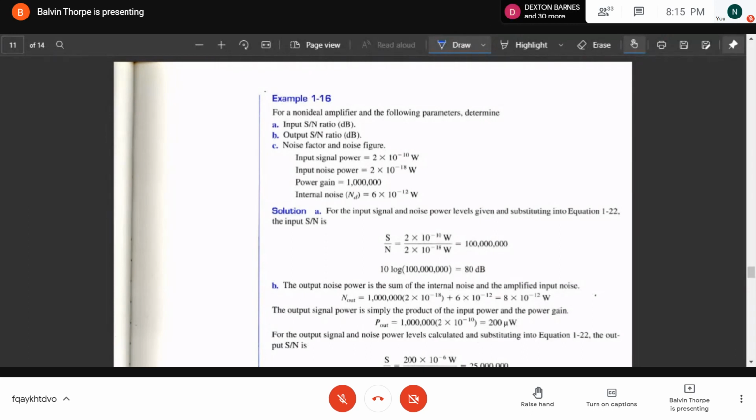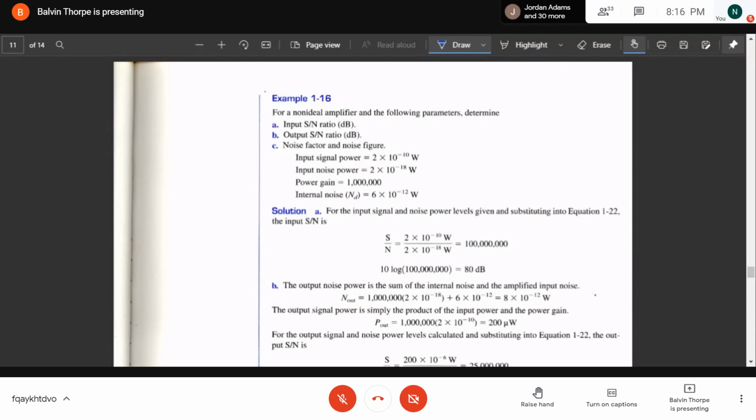The input noise power is given as 2 times 10 to the minus 18 watt, based on KTB, as you guys would have known. You're given the gain of the system as 1,000,000, and internal noise, ND, is given as 6 times 10 to the minus 12 watts.